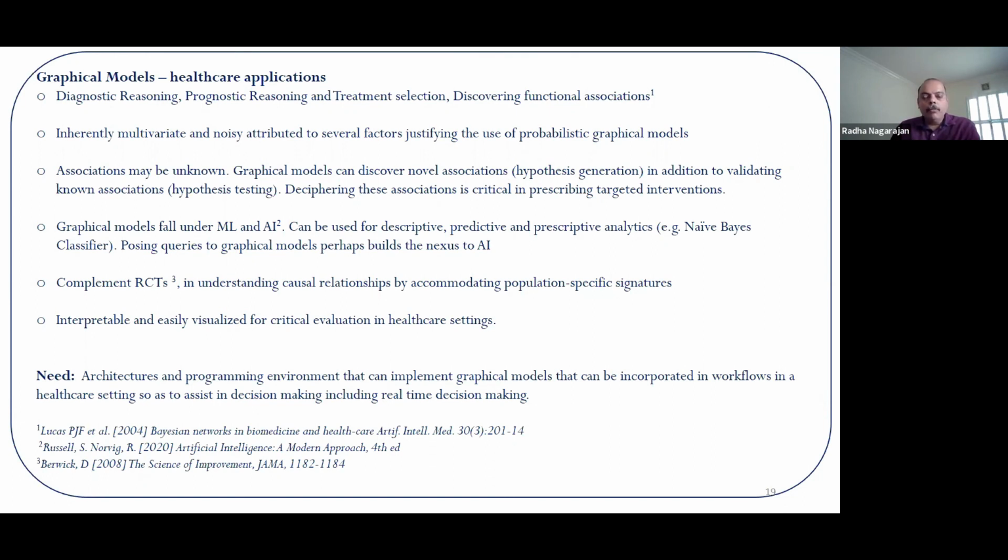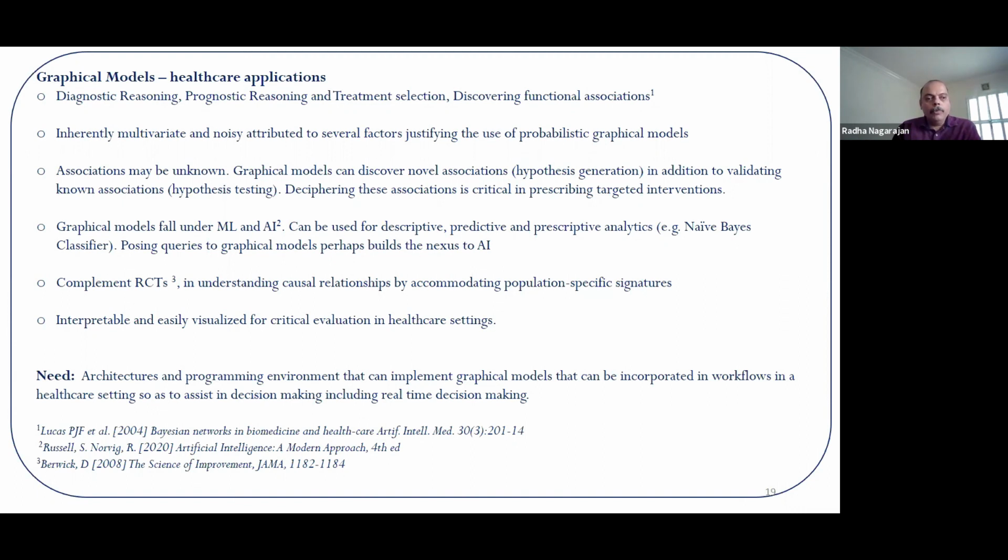And one of the popular classification approaches, which is, in some sense, a very constrained graphical model, is your naive Bayes classifier. But then in the more advanced cases, where it builds the nexus to AI, you can pose queries to these models and estimate probabilities on outcomes based on partial knowledge or partial evidence.